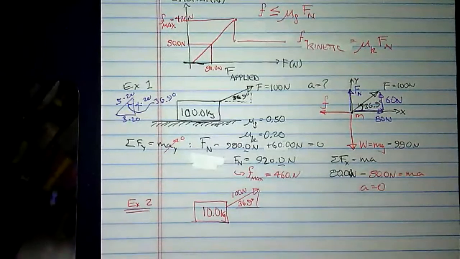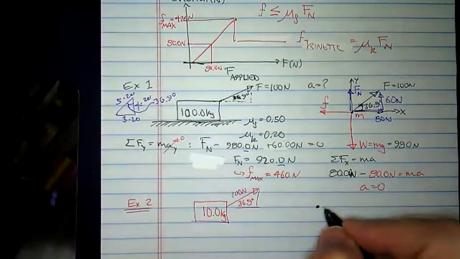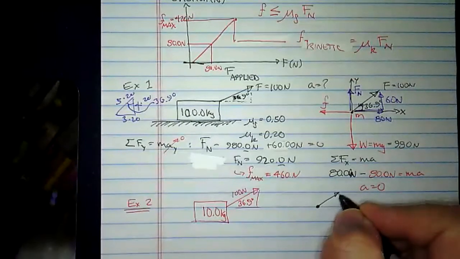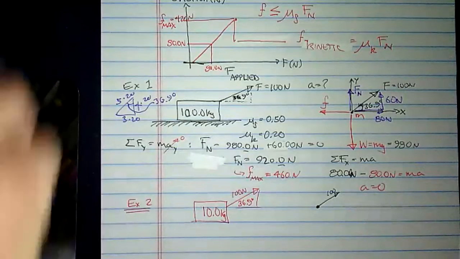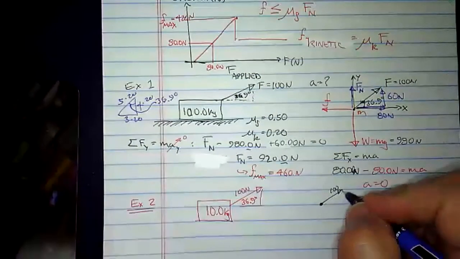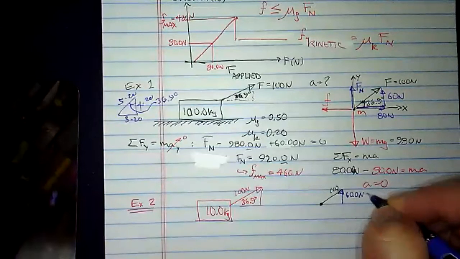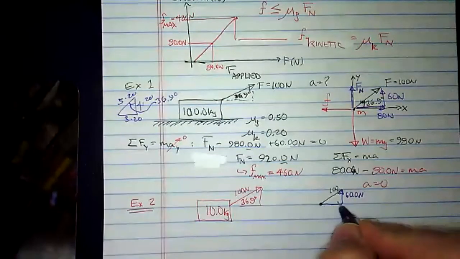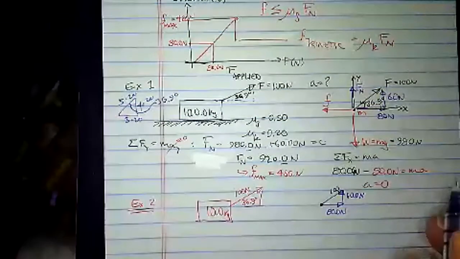Okay, so let's draw our free body diagram. I've got acting on it this force 100, and then of course that means I'm going to have a positive component of 60.0 newtons and a positive component of 80.0 newtons.